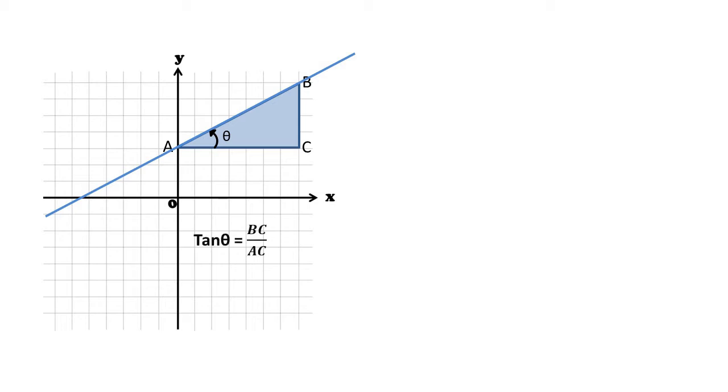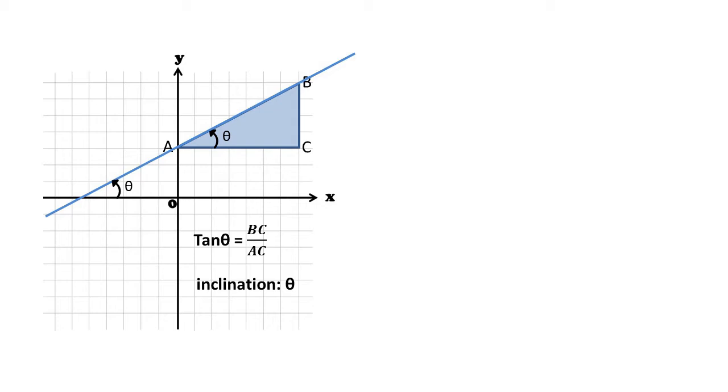Tangent theta equals BC over AC. In this way, theta could be determined as long as AC and BC are known. For any straight line on a coordinate plane, the inclination is expressed by the angle theta measured from the x-axis anti-clockwise to the line.